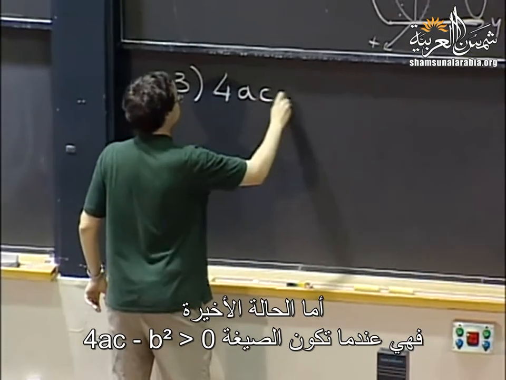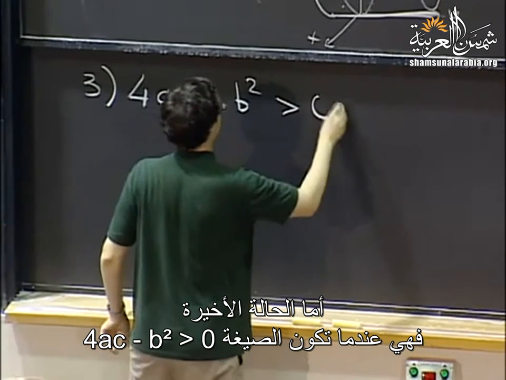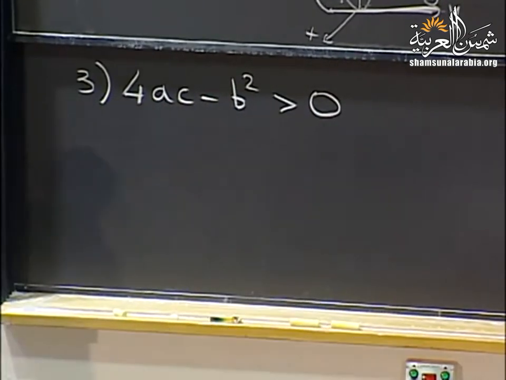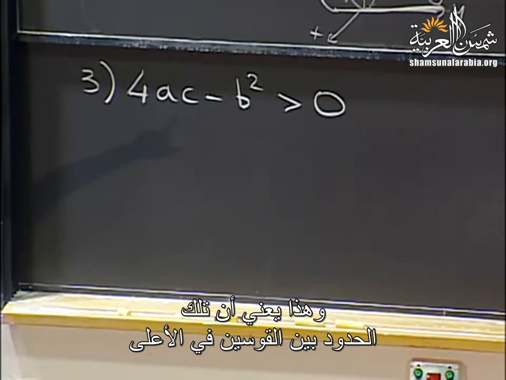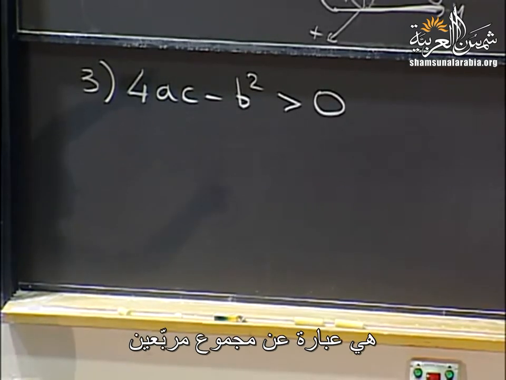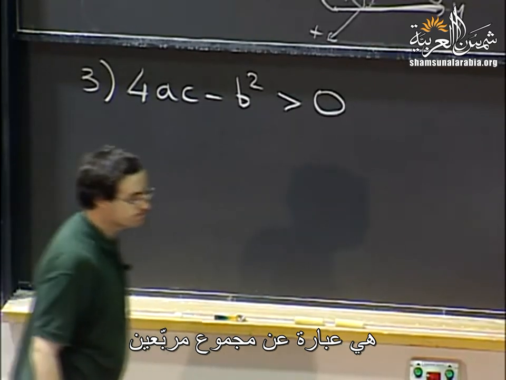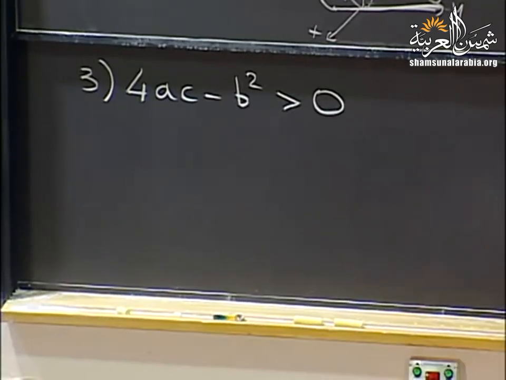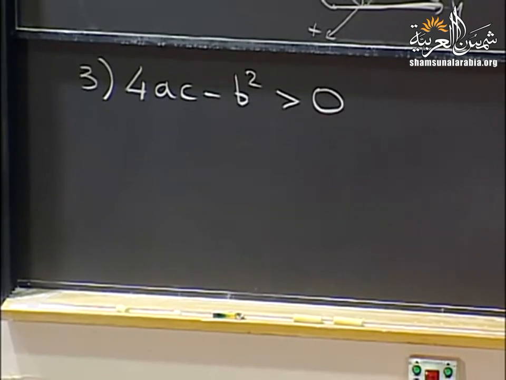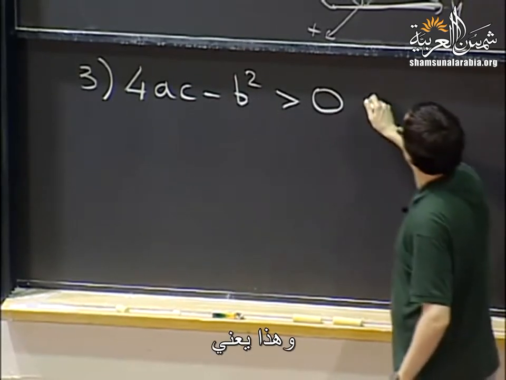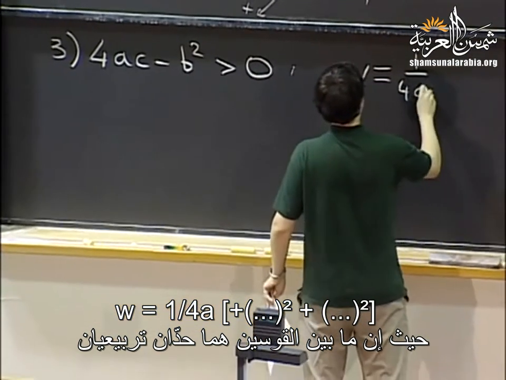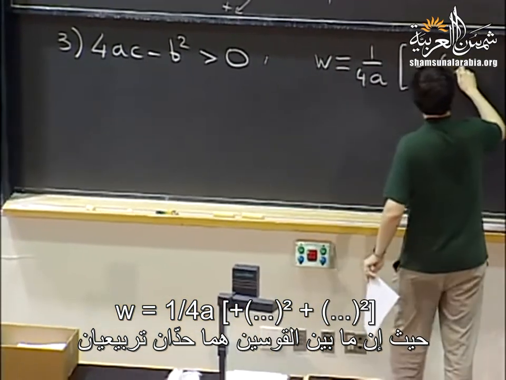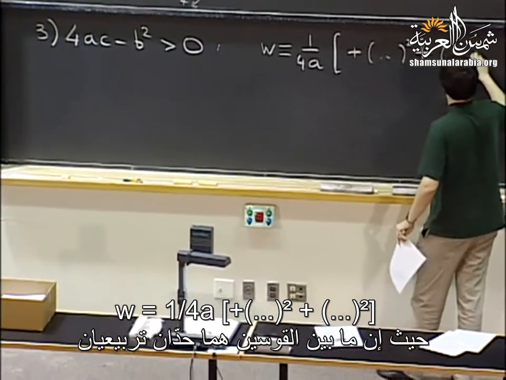Now, the last situation is if 4ac minus b squared is positive. Then that means that we've written things so the big bracket up there is a sum of two squares. So we've written W as 1 over 4a times something squared plus something else squared.